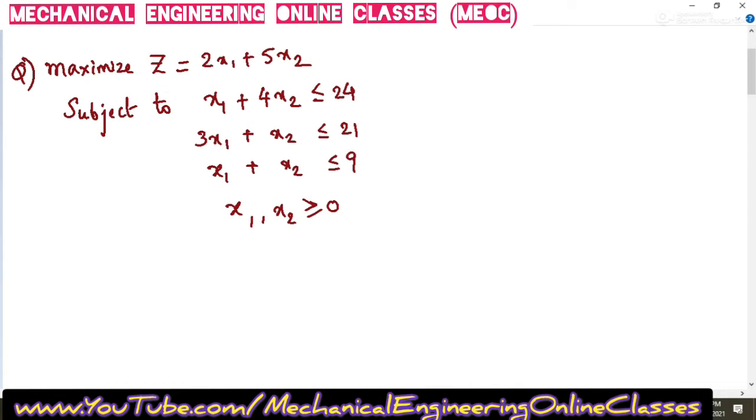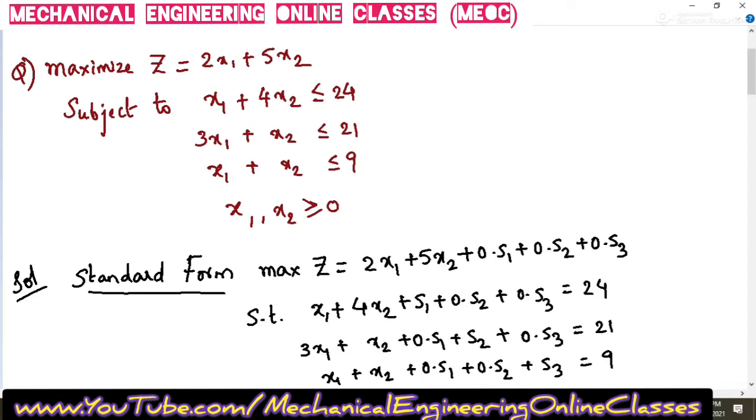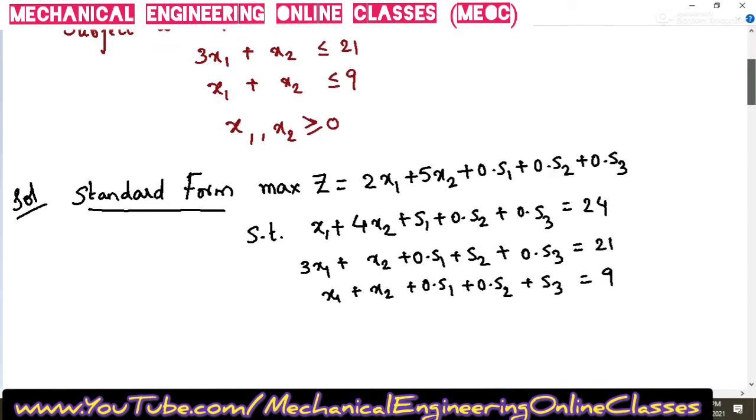Now let us write the given LPP in standard form. So this is the standard form for the given problem, for all xi and si greater than or equal to 0. So in standard form, every inequality is converted to an equation, all RHS being positive for the constraints, and all the decision variables must be in terms of all decision variables and introduced variables, our S1, S2, S3, these are the slack variables.